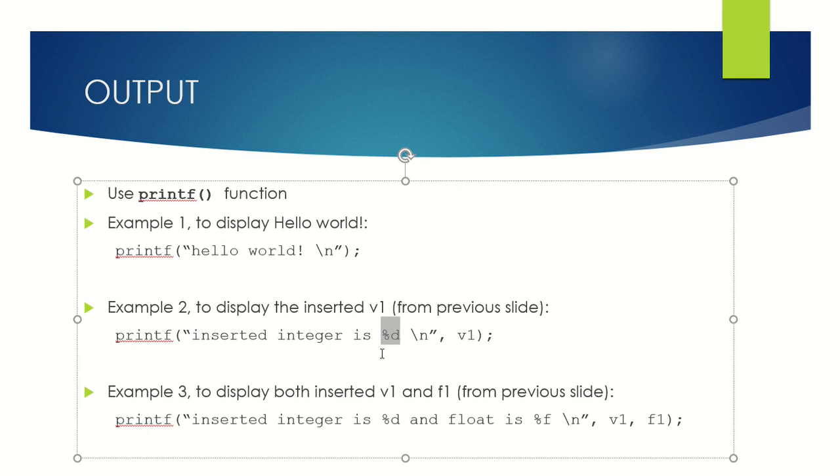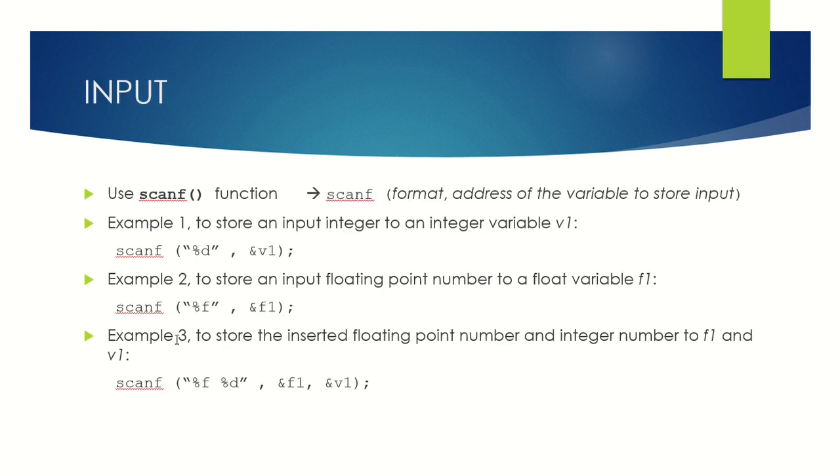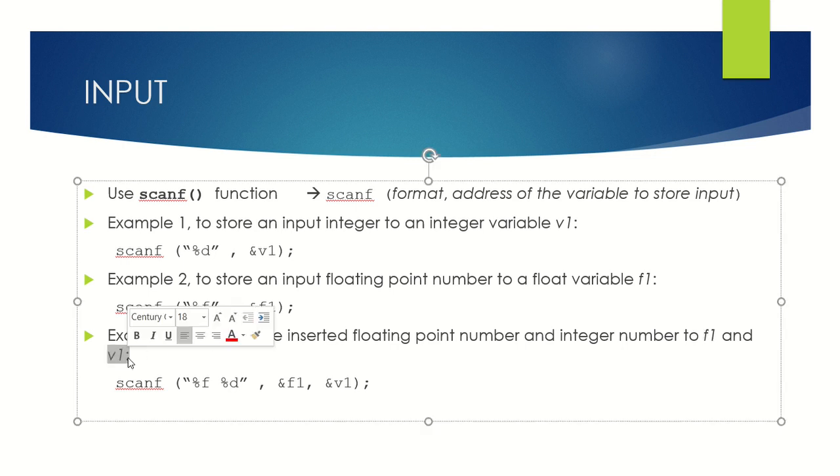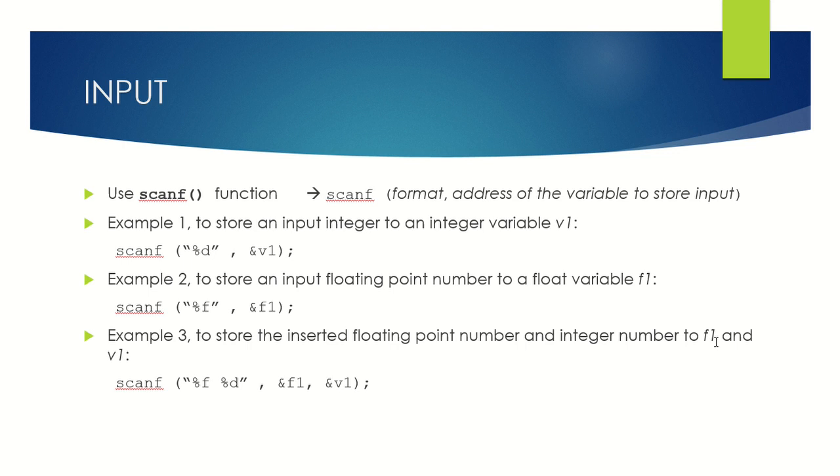Alright, dalam example yang ketiga, kita boleh juga display more than one variable lah, one value. Contohnya dalam case scanf tadi, kita masukkan both dalam example 3 ni lah. So kita read both floating point f1 and integer v1 lah. Okay, so kita nak display both within one single printf.